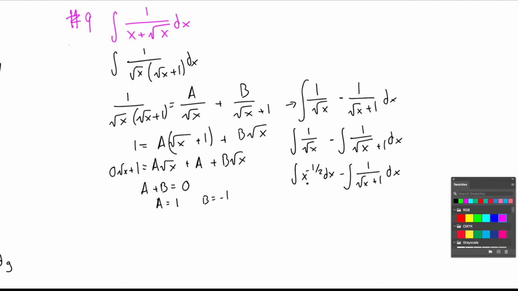Now we know this one is just going to be 2 root x, 2 times x to the 1/2, because d dx of 2x to the 1/2 is equal to 1/2 times 2 times x to the -1/2. These cancel out and we're left with this.